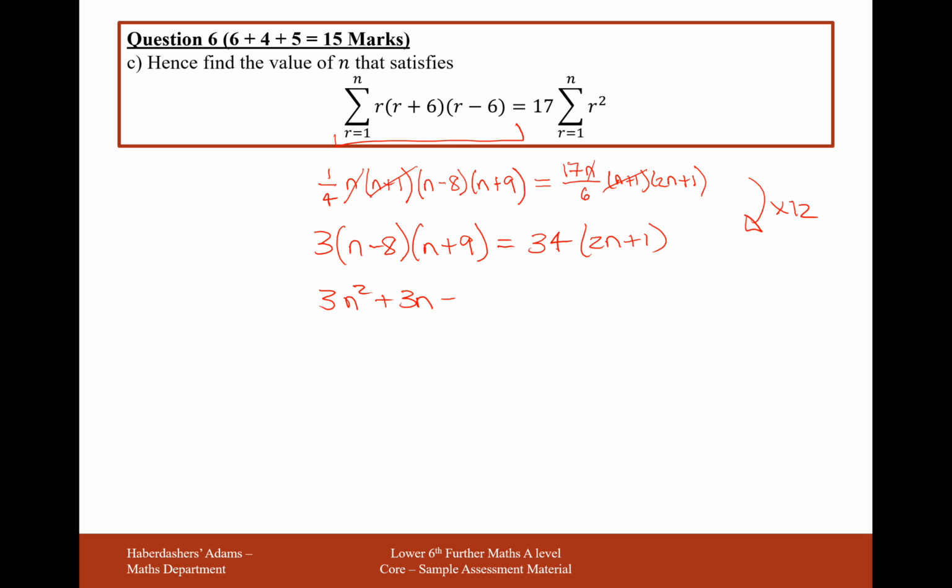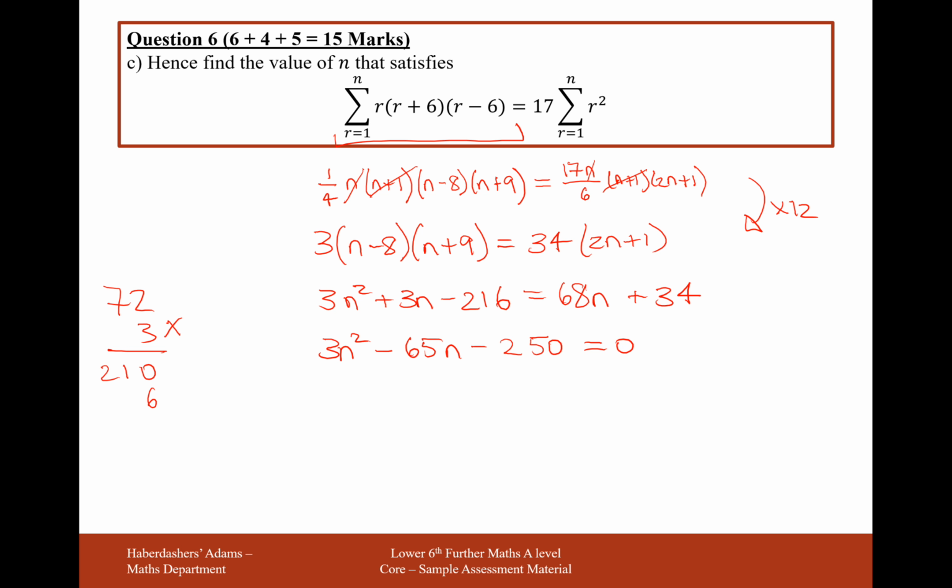Which is going to equal 68n plus 34, and then we'll shift everything onto one side, and we'll get 3n squared minus 65n minus 250 equals 0. Can we divide through by 3? No, I don't think we can.